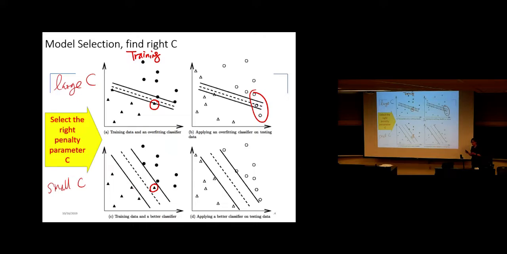You can actually prove it regularizes my model to behave better on future data. So balance the margin and the number of errors I'm making on training data. Okay, questions about this?